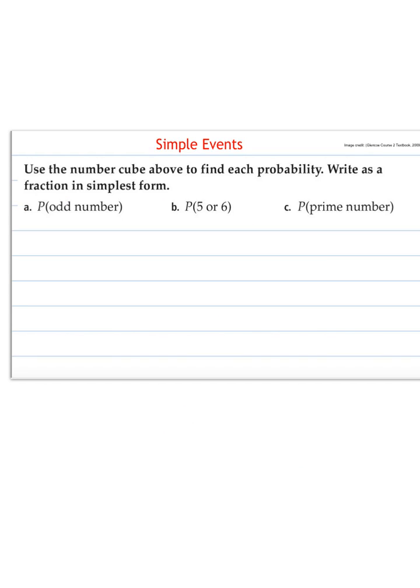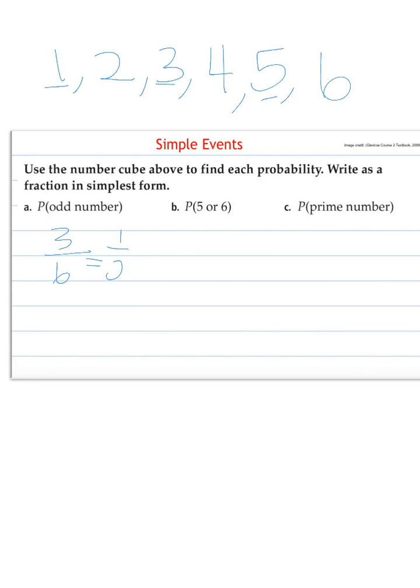Okay, some more examples. We're using that same cube, numbered 1, 2, 3, 4, 5, 6, to find each probability. And we're going to write it as a fraction in simplest form. So again, our cube is 1, 2, 3, 4, 5, and 6. The probability of an odd number: the favorable outcomes, odd numbers, there's 1, 2, 3 of them, out of the total outcomes, which is 6.